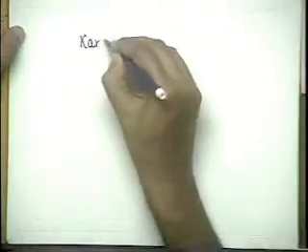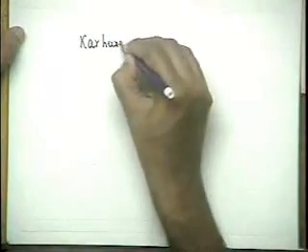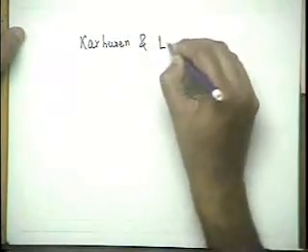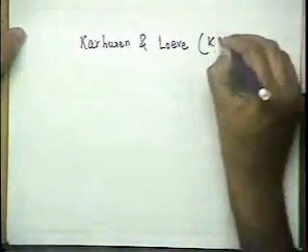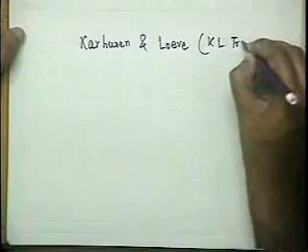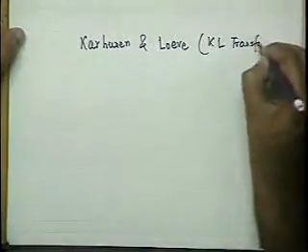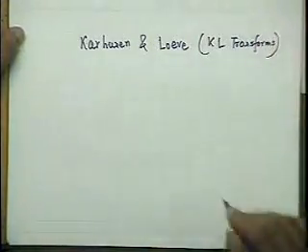Now this kind of transformation has been described in the literature by various names. It is known as the Karhunen and Loeve transformation. In short form, most people call it the K L transform.